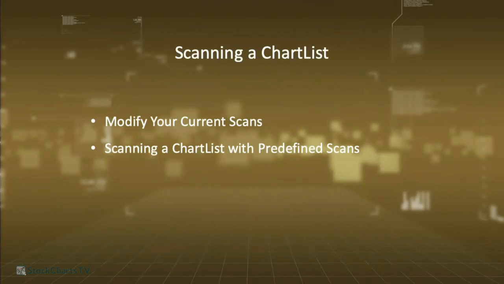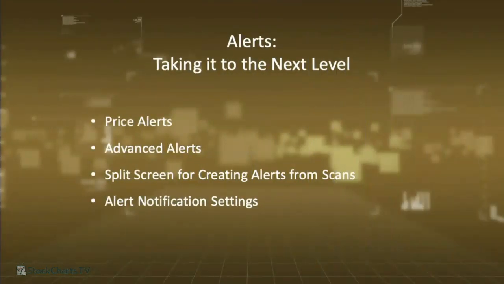Like I said, that's going to be in that hybrid section. And then we're going to go into the alerts: price alerts, advanced alerts, etc. So now that I've thrown it all at you and you remembered everything, right, let's go hit it.